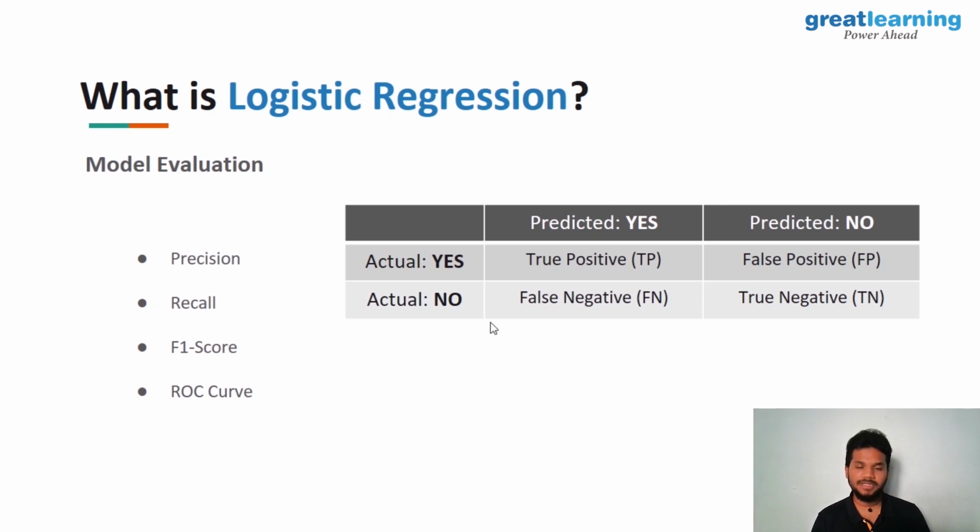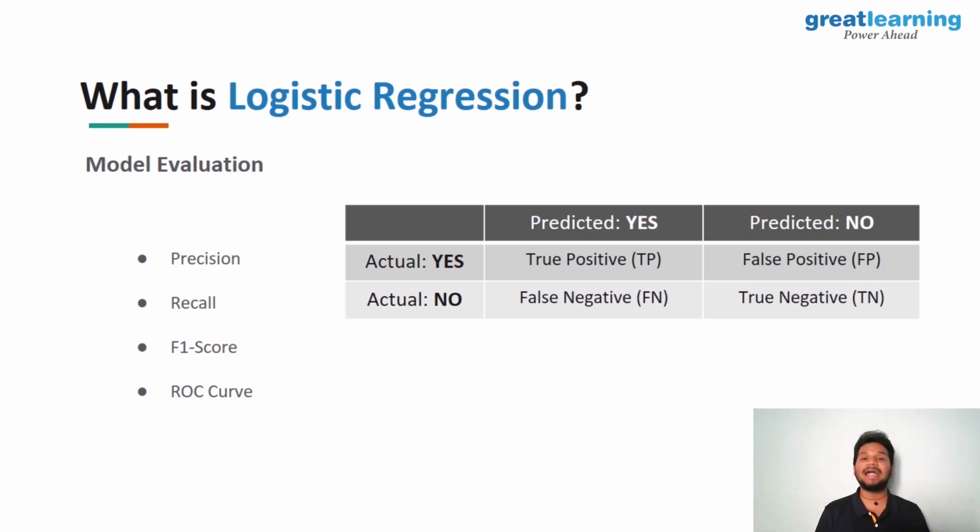Similarly, if your actual case is no, but your prediction says yes, it's a cat while it was actually a dog, it's a false negative. Again, if the actual case is no and you predicted no, that is actually a good thing. It's not a cat. Your model says no, this is not a cat. Perfect, it works.